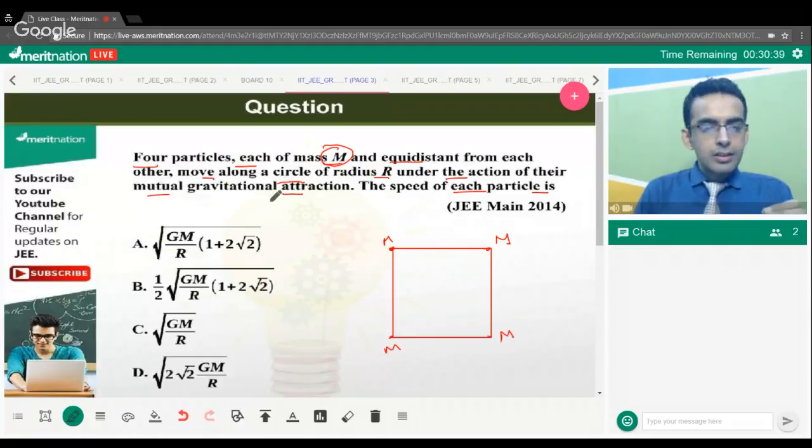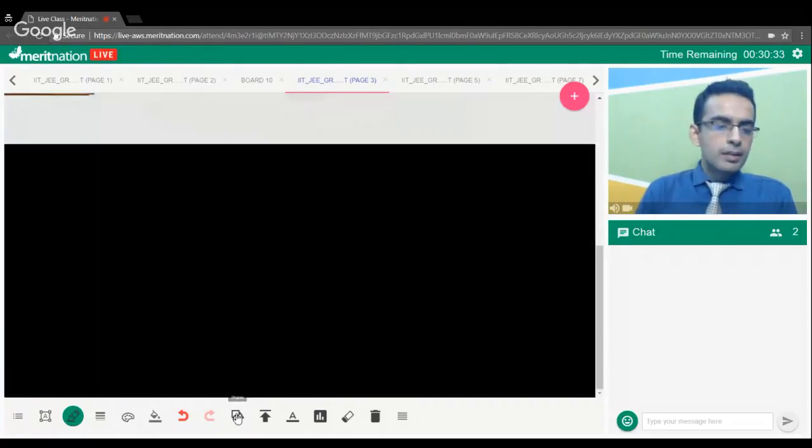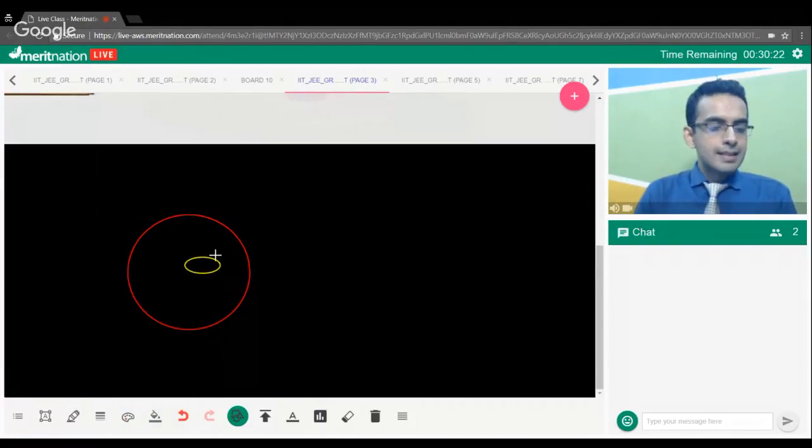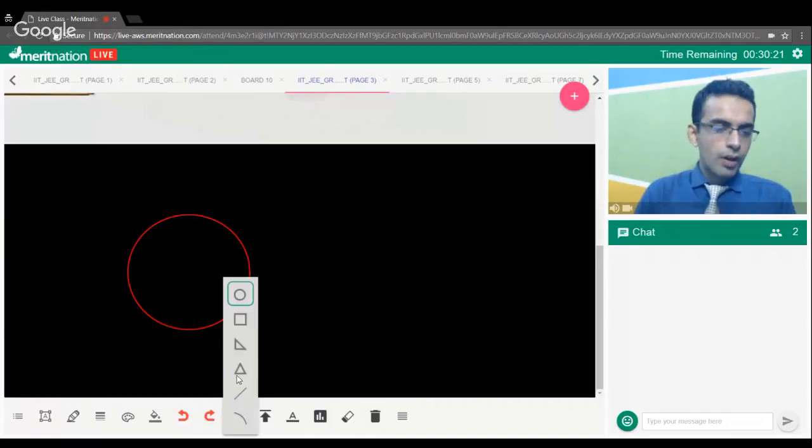So there is no other force except gravitational force. So you should know that for moving something in a circular motion, a kind of force is required. We call that force centripetal force. Right? You should be clear about that.